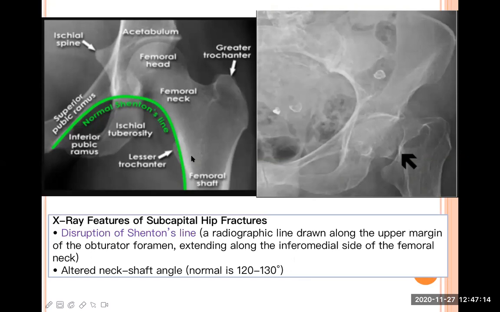Then only the line is disrupted. So this is one of the important questions which can be asked for you in the exam. Normal is about 120 to 130 and it is disrupted in this type of phenomena. Dislocation of the femoral head is one, and fracture of the femoral neck with displacement is the other one.